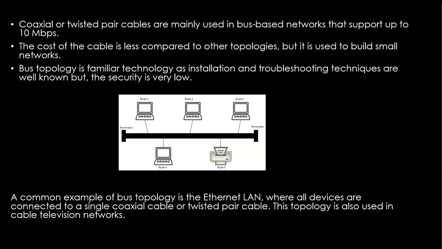Bus topology is familiar technology as installation and troubleshooting techniques are well known, but the security is very low. A common example of bus topology is the Ethernet LAN, where all devices are connected to a single coaxial cable or twisted pair cable. This topology is also used in cable television networks.